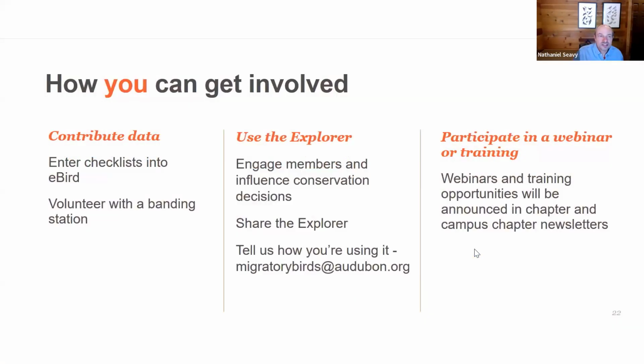In closing, I wanted to talk a little bit about the opportunities for all of you to be involved. One is contributing data. Like I said, if you have ever contributed an eBird checklist, that effort is represented in the Bird Migration Explorer.